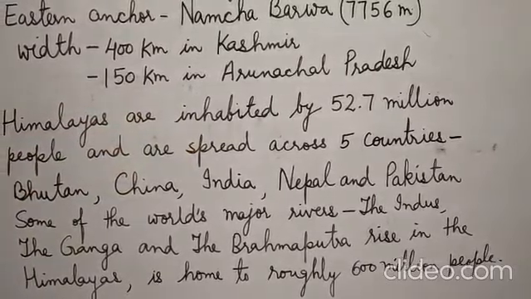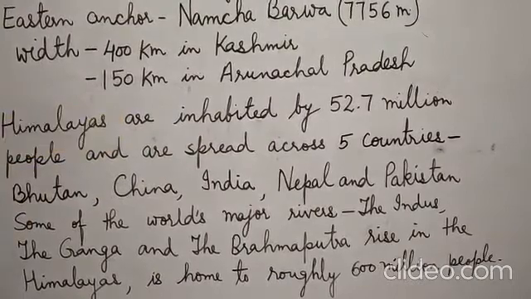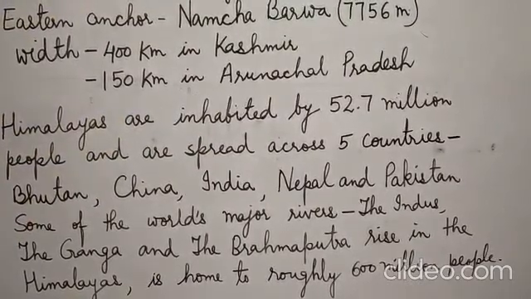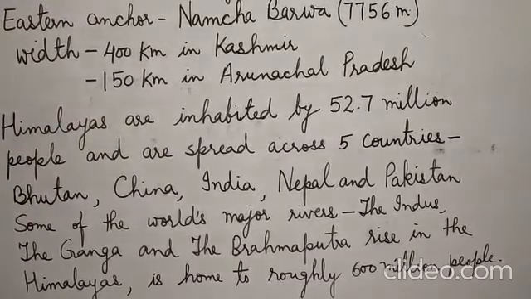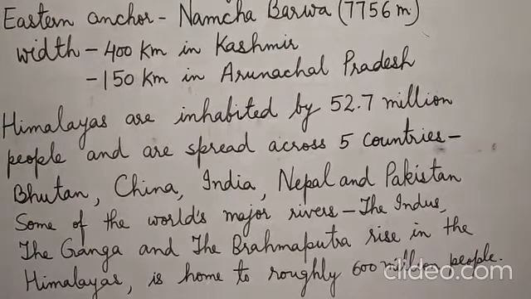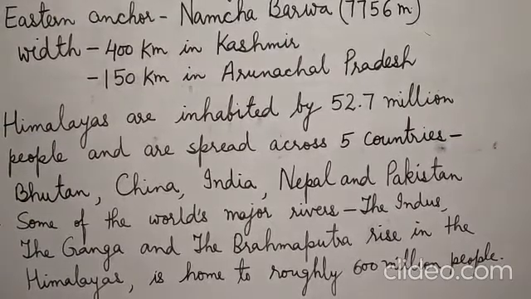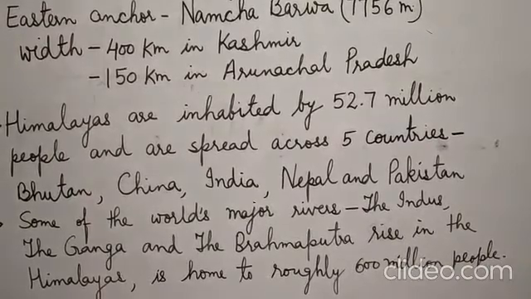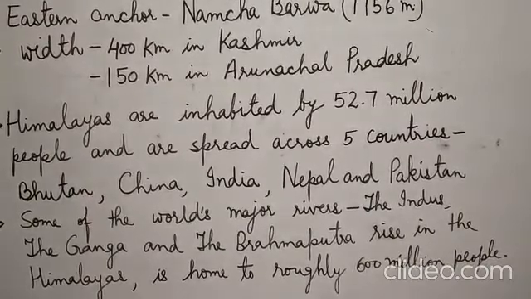Indus River, Ganga River, Brahmaputra River, they are all international rivers, they flow in different countries. They rise in Himalaya, and their combined drainage basin is home to roughly 600 million people.